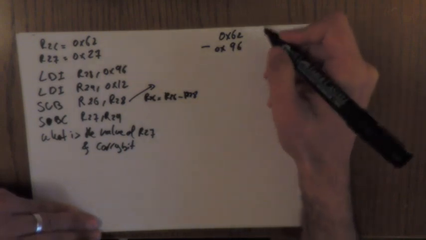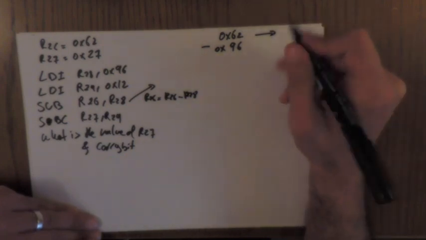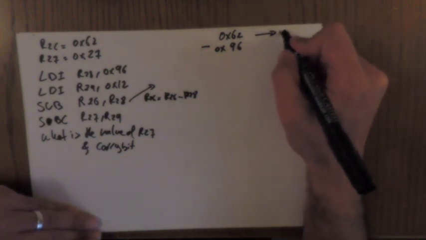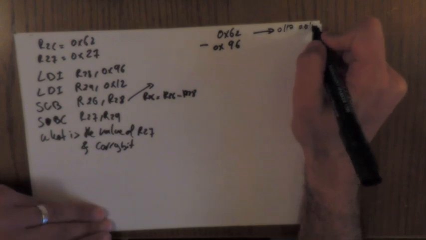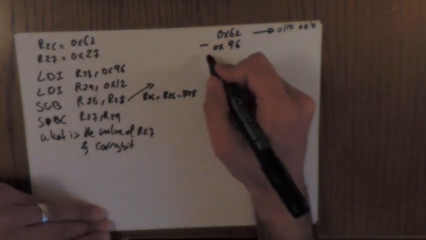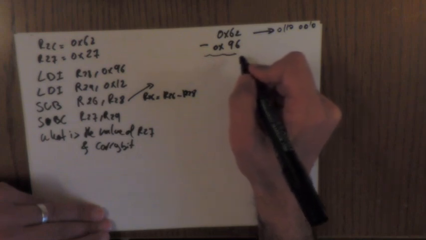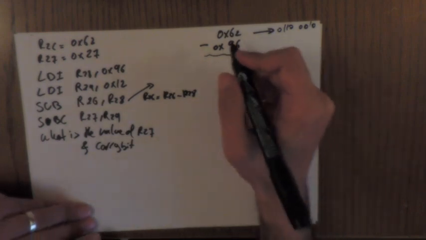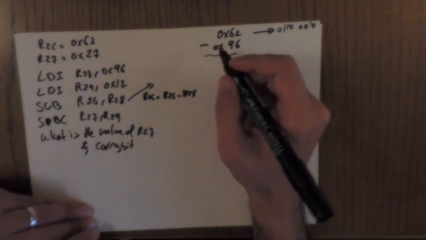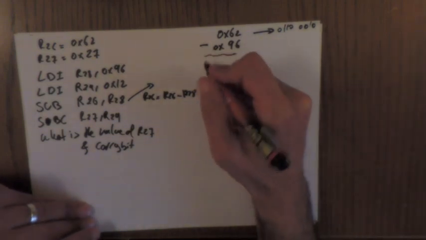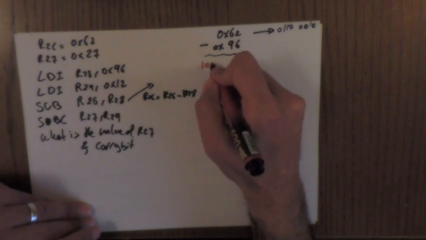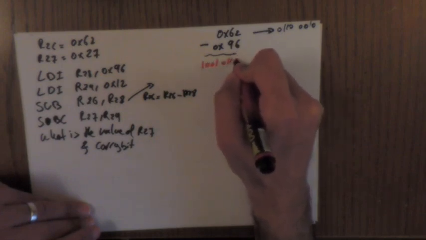First, we place this in binary. 6 is 0110 and 2 is 0010. Since this is the subtracted operand, we need to change it to 2's complement. This is the number, this is 9 and this is 6.